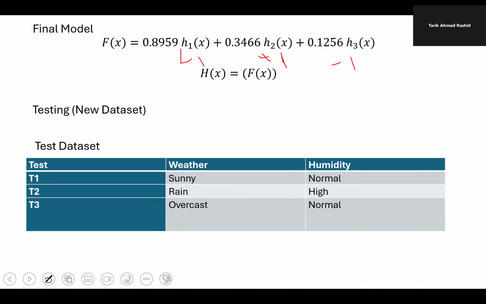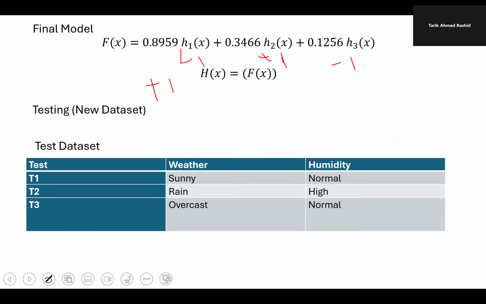The second sample, rain. Well, H1 is about sunny, so that's +1 for the second. H1 is +1. And high, again, this was about the -1, about rain.